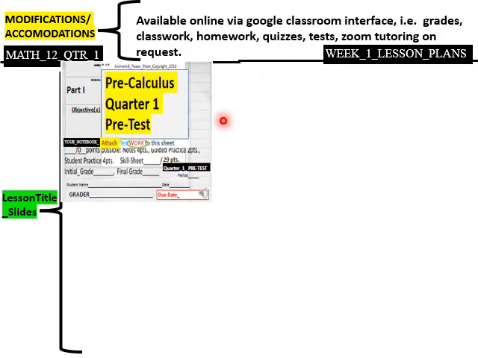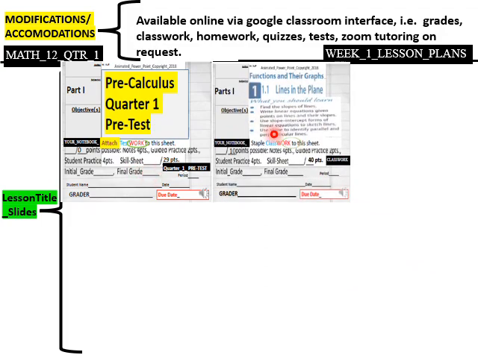And then we start out here with, again, our pre-calc Quarter 1 pretest right here. We start you out with this. Students, see if you can get into this course. And once you get in with a passing grade, we go into 1.1 lines in the plane.